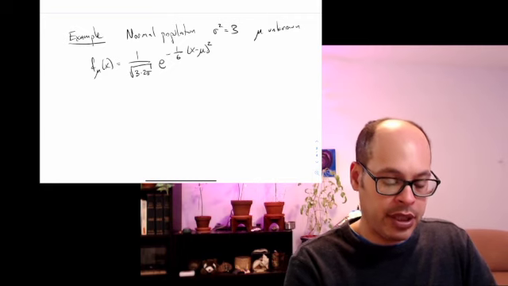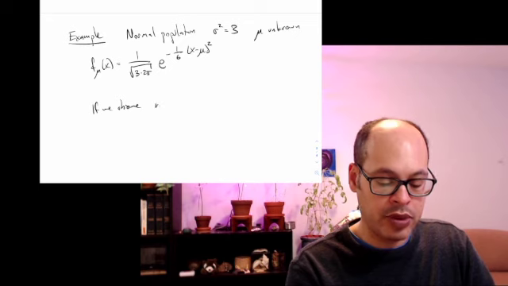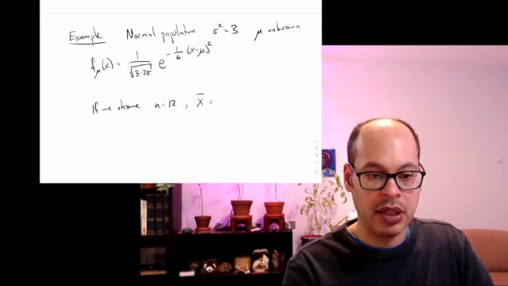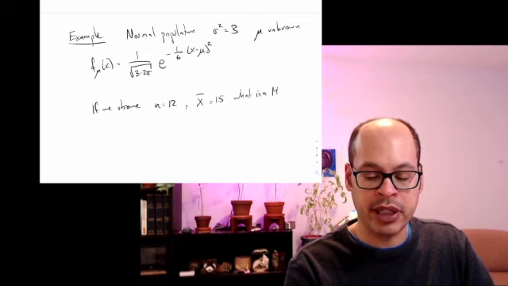Okay. So then if we observe, with, let's say, n equals 12, a sample mean of 15, what is a maximum likelihood estimate for mu?